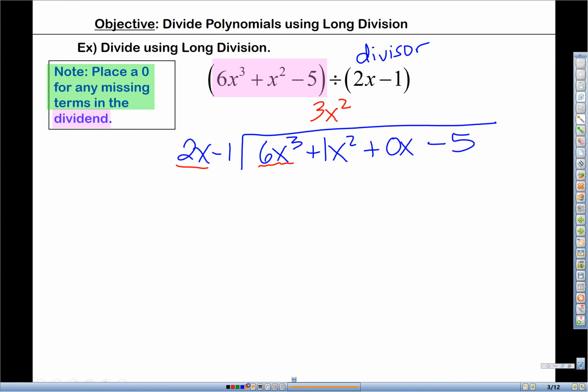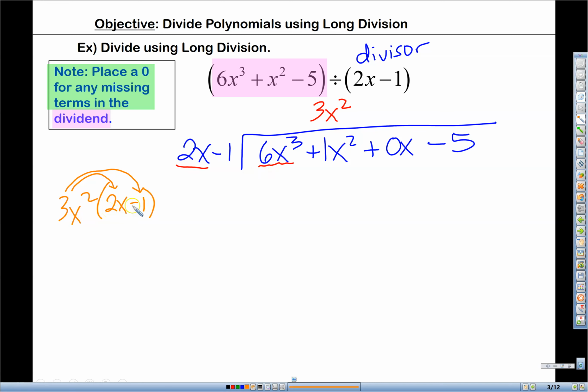Now our next step is to multiply. We are taking the 3x squared and multiplying it times our binomial divisor of 2x minus 1. So we have to distribute that. I highly encourage you to write that over here, because the first one we're pretty good at keeping track of, but a lot of people make mistakes with that second part of the distributing when they don't write it side by side like we're used to seeing.